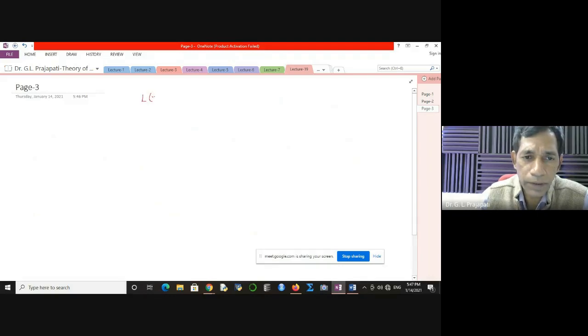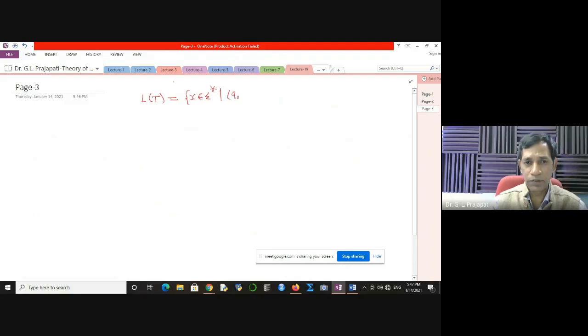Okay. So in this way, the language accepted by the Turing machine is denoted by writing L(T), the language accepted by the Turing machine. This is the set of x taken from sigma star such that x is accepted. So it is the set of x from sigma star such that, starting from the initial configuration, assuming that we have the T here, and T is (Q, sigma, tau, q0, delta), where q0 is the initial state.